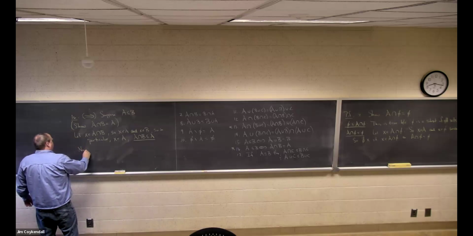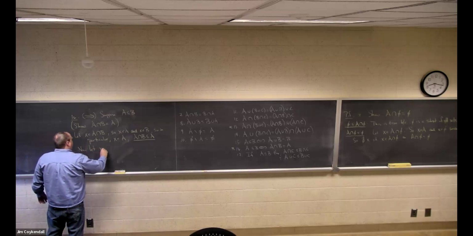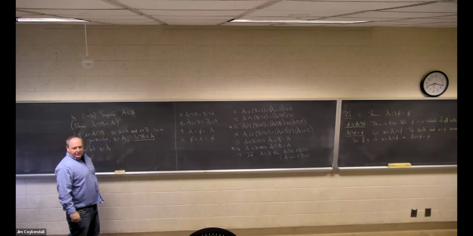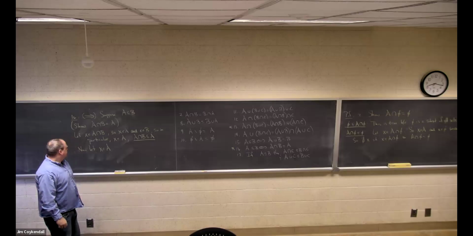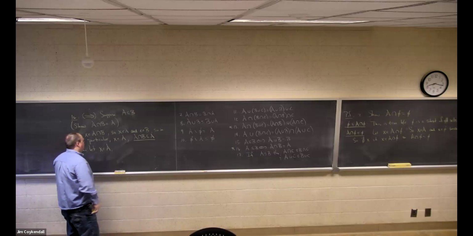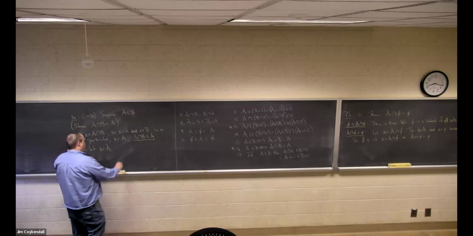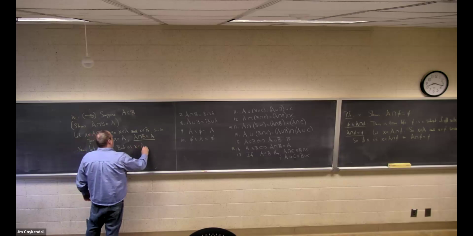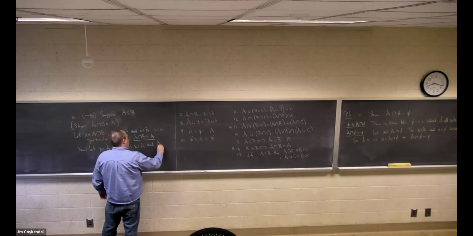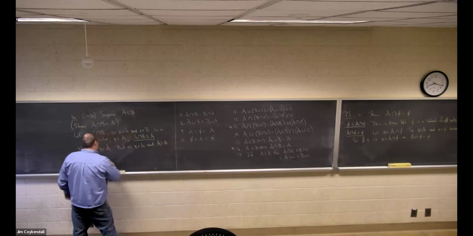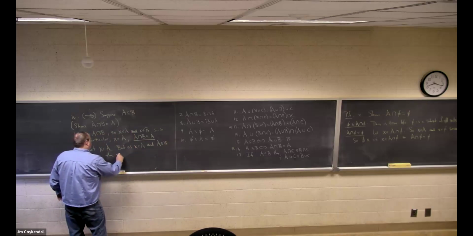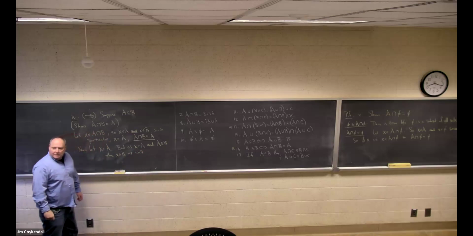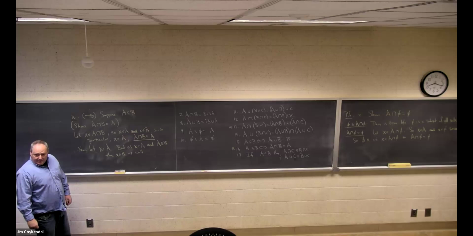Now, let X be in A, and we want to show that it's contained in A intersect B. But as X is in A and A is contained in B, then X is in B as well. Everybody agree?